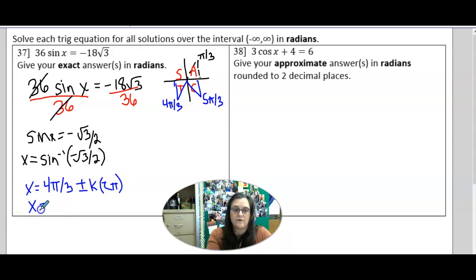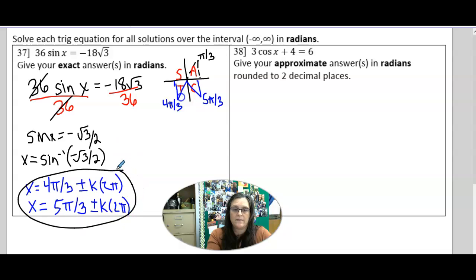And for our quadrant 4 solutions, x equals 5 pi over 3 plus or minus k times the period, 2 pi. And those two expressions would represent all of the possible solutions from negative infinity to positive infinity.